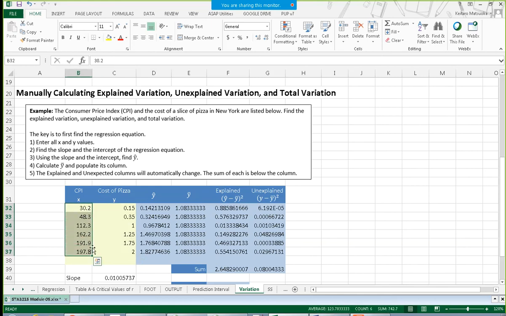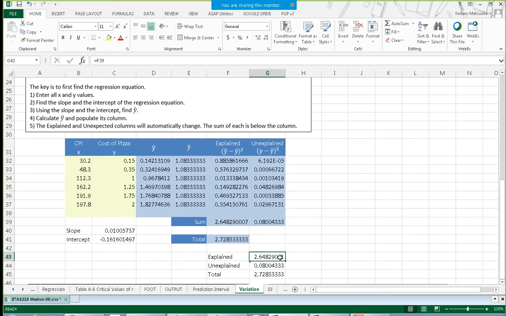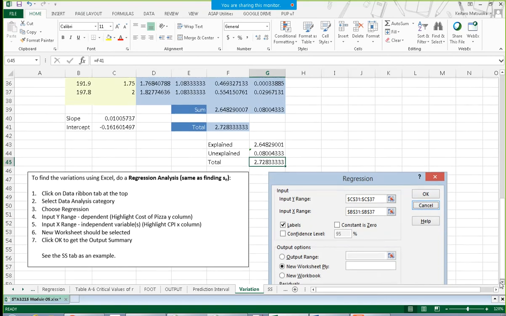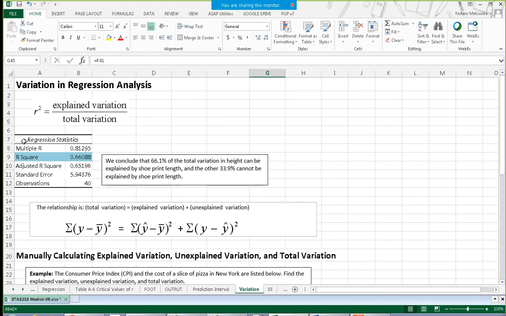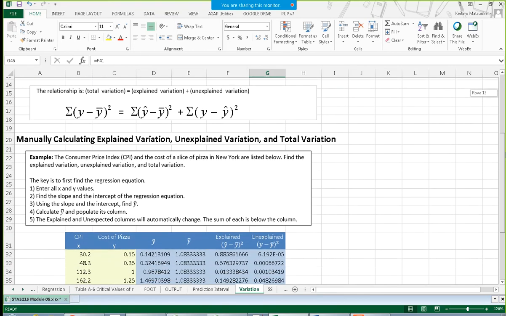If you enter the correct numbers, this part of the spreadsheet will calculate the explained, unexplained, and total variation for you. But instead of doing that, we're going to use the built-in function in Excel to figure out these numbers, as well as this table right here. So let me show you how to do that right now.